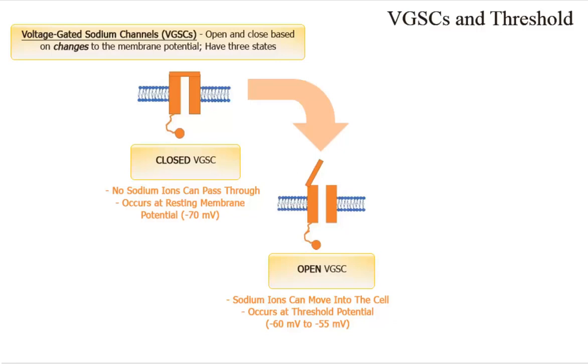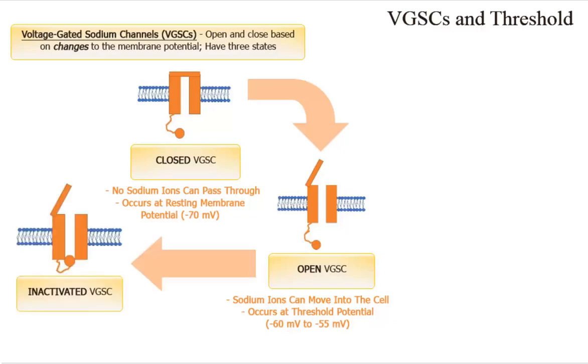From the open condition, voltage-gated sodium channels actually have a second gate, and so the next state that they go to is called an inactivated state. And they inactivate at a membrane potential of positive 30 millivolts. So this will become important when we discuss the action potential in the next section.